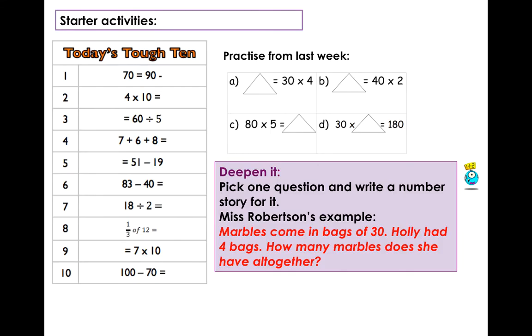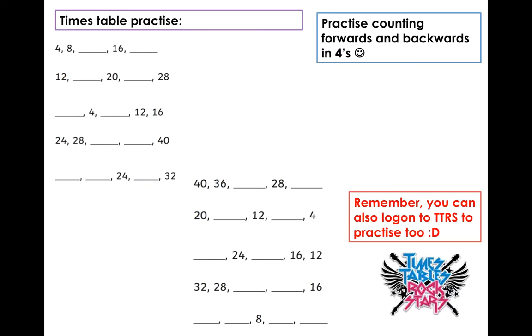So as usual, there's the Tough 10 and a little bit of practice of multiplying multiples of 10 from last week. Okay? So work through the Tough 10 and complete that activity. See if you can come up with a number story for one of the questions. Fantastic. And then a little bit of times table practice.